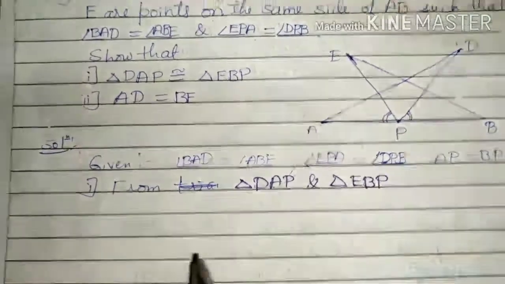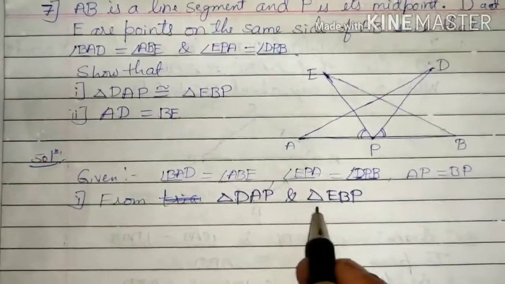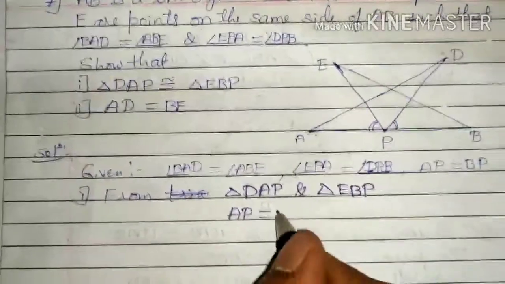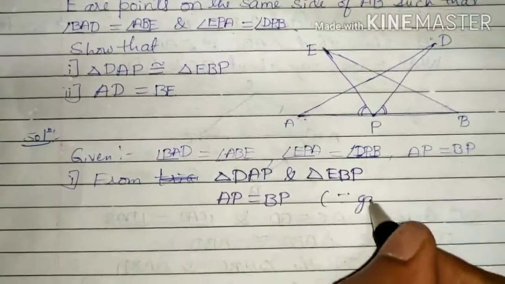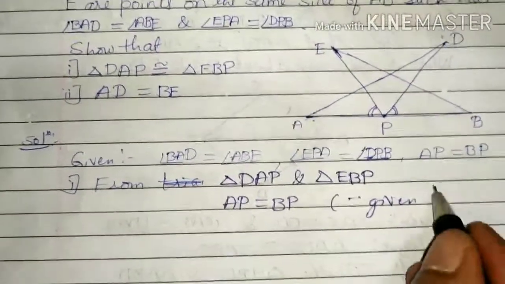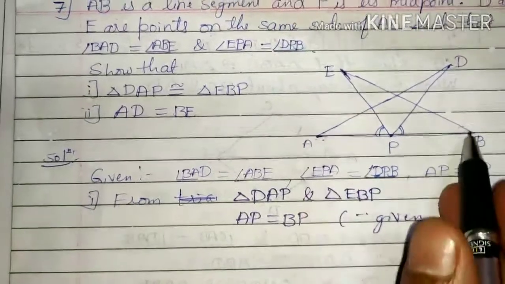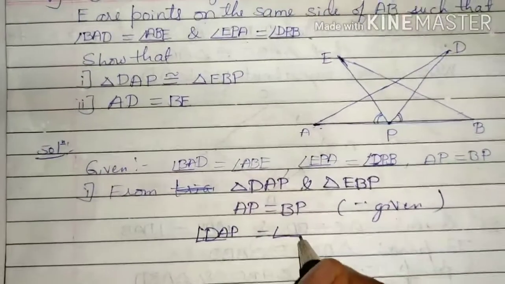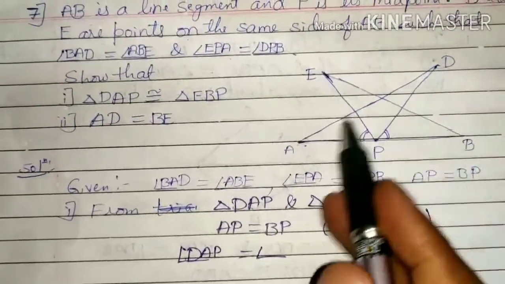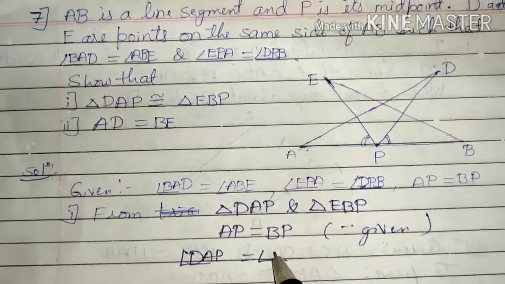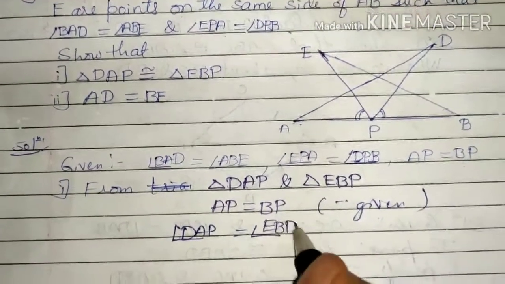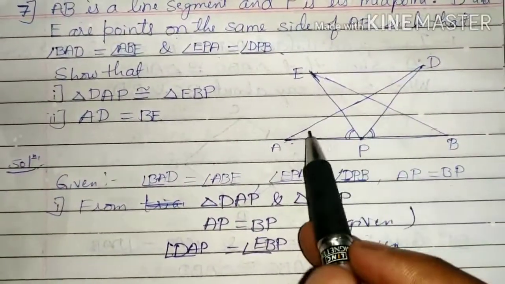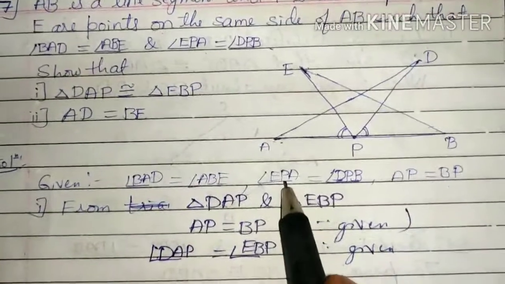From these two triangles, DAP and EBP, AP is equal to BP because P is the midpoint, given here. Then this angle is equal to this angle. Angle DAP is equal to angle EBP because given.